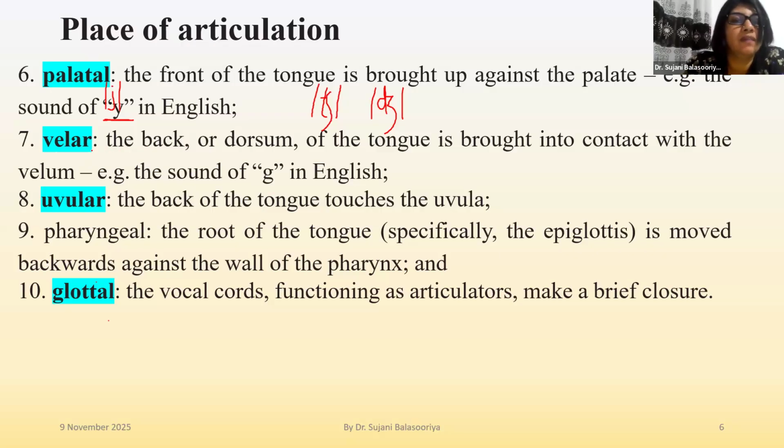What about that? Now, velar consonants are produced at the velum. Velum is another word for soft palate. Now, just refer to that diagram, where you have your oral tract. So there, you have the hard palate. And soon after the hard palate, you have a soft area.